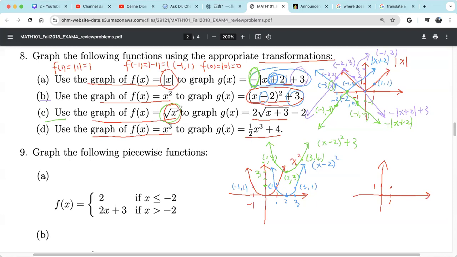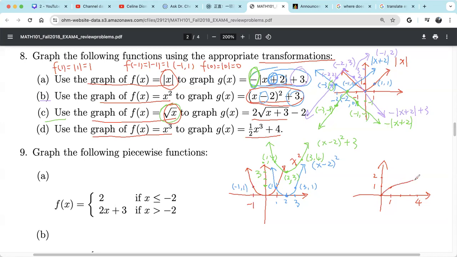Now the next one, you don't want to do square root 2, square root 3. You want to do square root 4. So you want x to be 4. So if this is 1, 2, 3, 4. So this is 4. Because we know square root of 4 is 2. So we get this point. Except linear functions, other functions, when we graph, we graph smoothly.